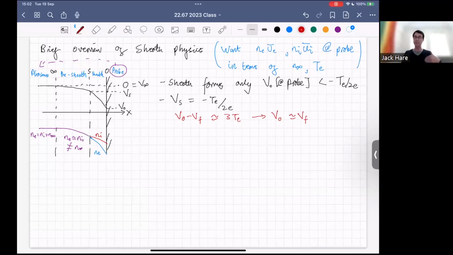So we're going to be operating near the floating point, and there are other good reasons why we want to operate near that floating potential as well. But skipping ahead, that's just a preview. So that's the first fact that we now know, that our sheath is going to be at minus T_e over 2e, like that. The next thing we're going to say is that the ions are accelerated across the sheath.